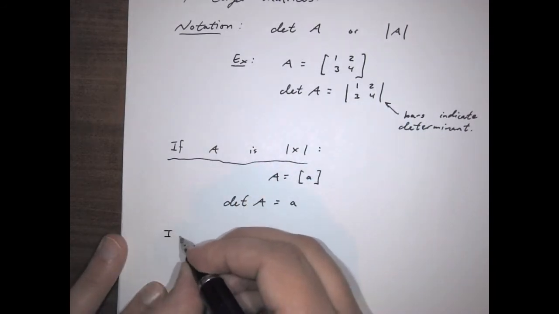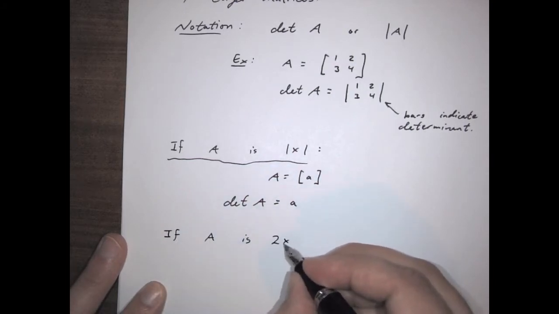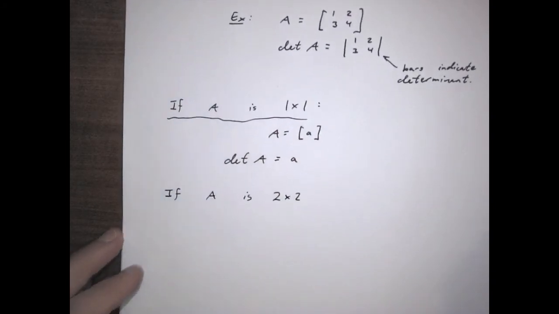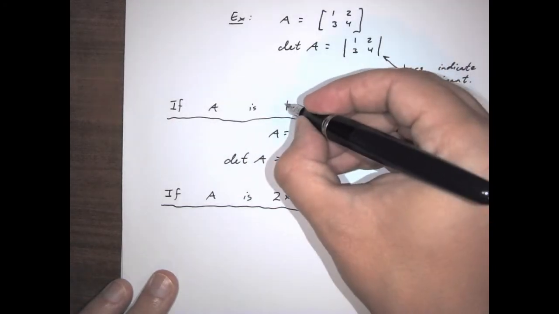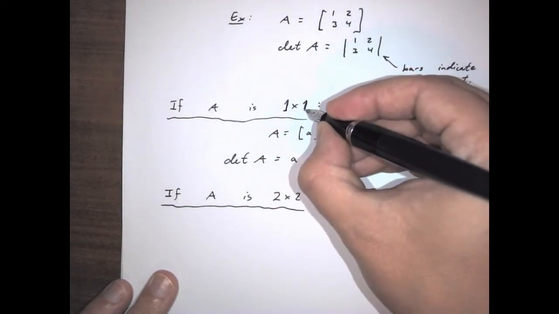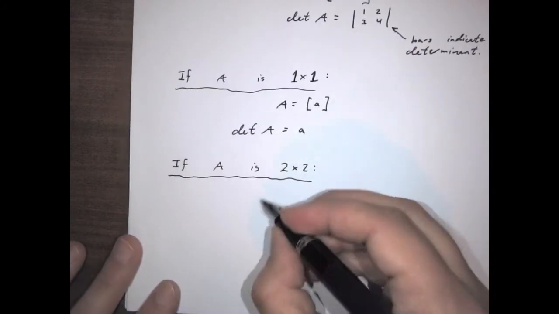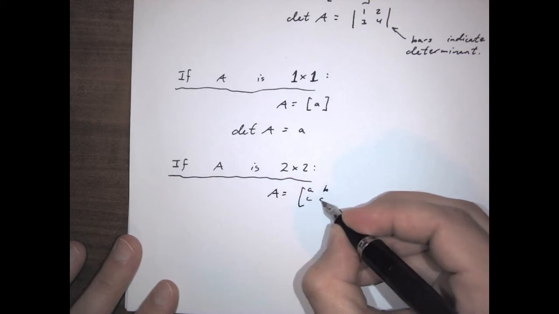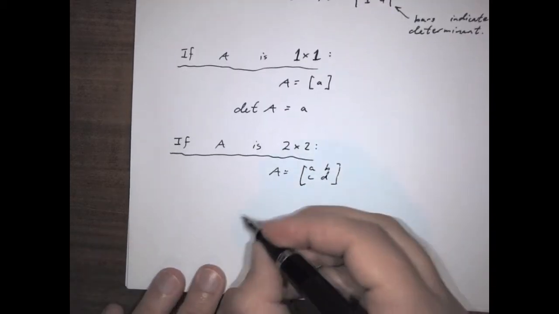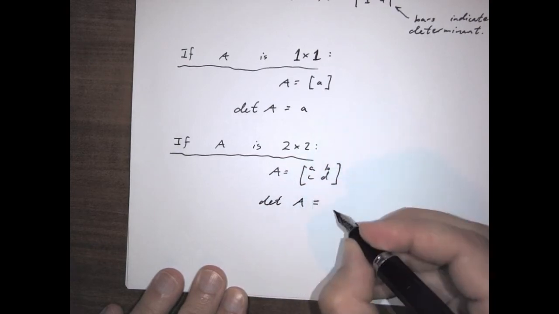So if A is 2 by 2, and this is probably something you've already seen in some context or another. If A is 2 by 2, then that means A has the form a, b, c, and d. And then the determinant of A is equal to ad minus bc.